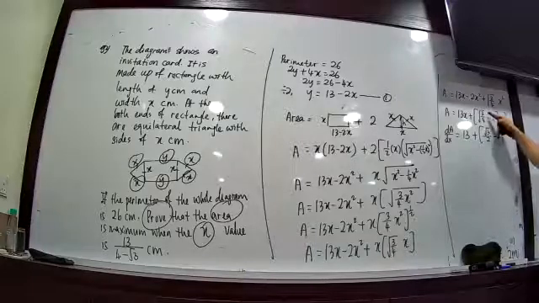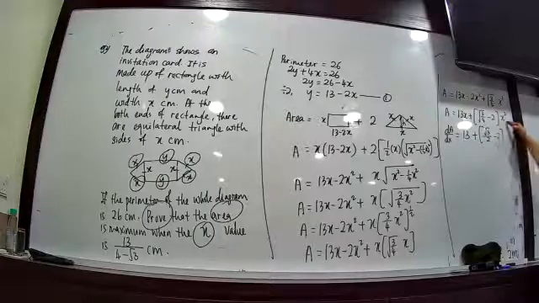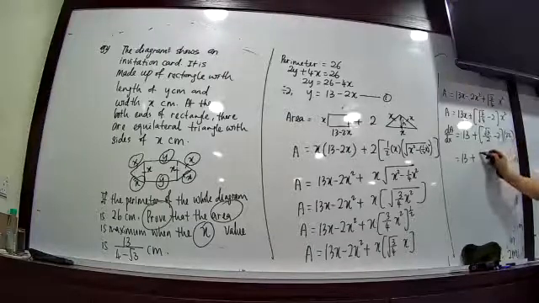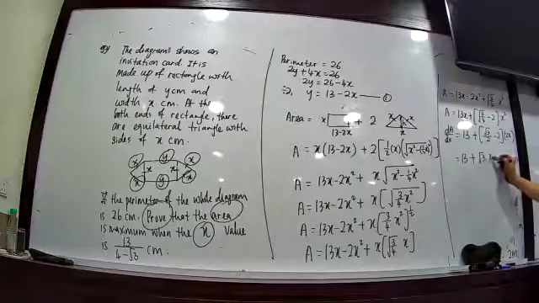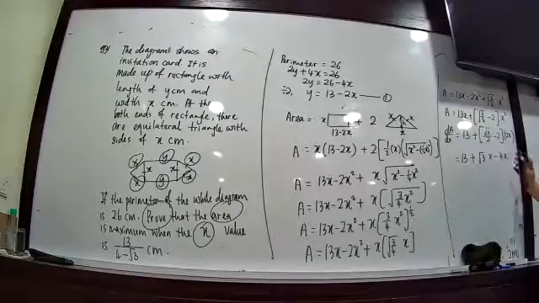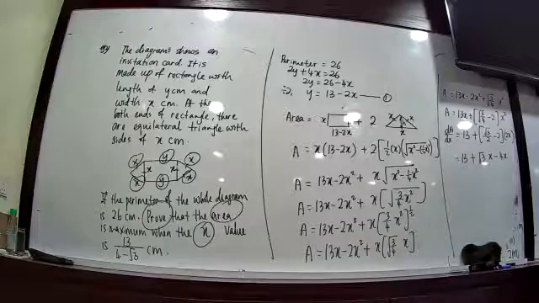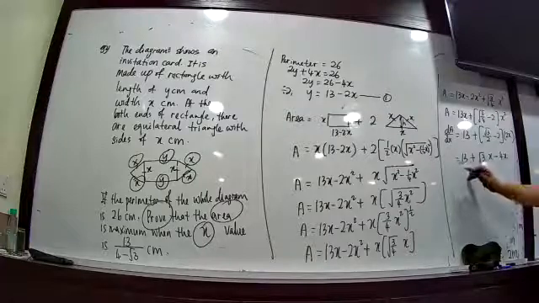The square root of 3 over square root of 4 becomes 2, so this becomes the 2x, cut, square root 3. So that is your dA/dx.